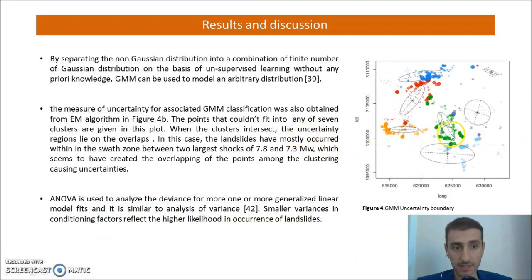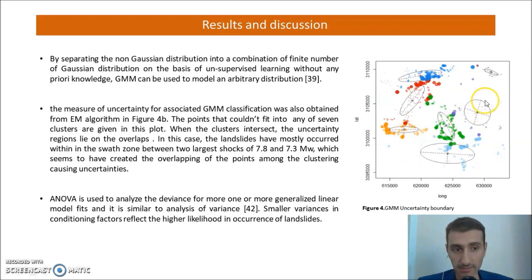One additional result coming from the GMM is the uncertainty, based on the Gaussian distribution. It is the measure of the uncertainty associated with the GMM classification obtained here.